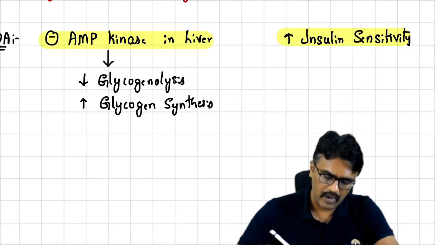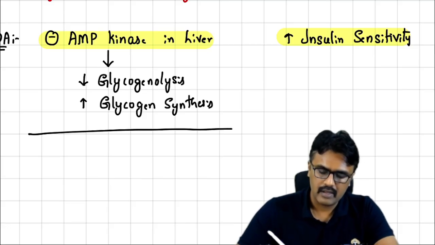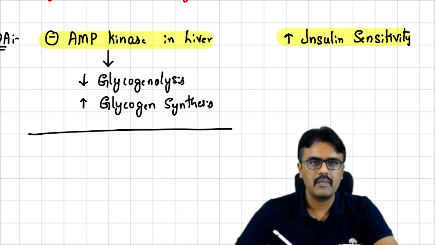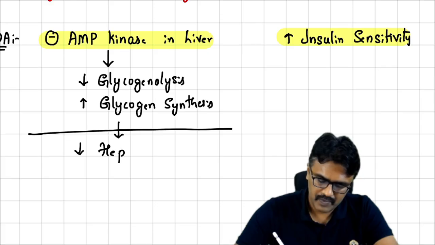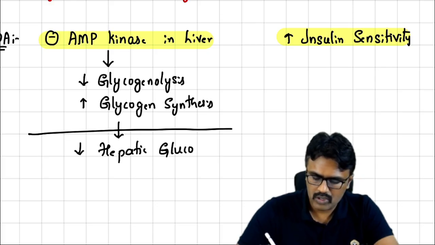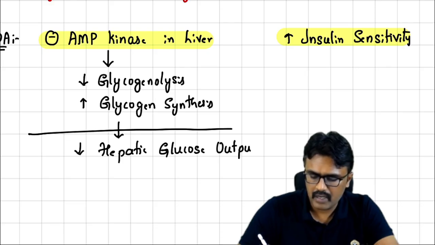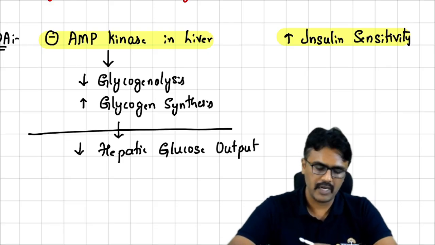Now what happens in the liver? The glycogen will not convert to glucose, so there will be a decrease in hepatic glucose output by metformin.